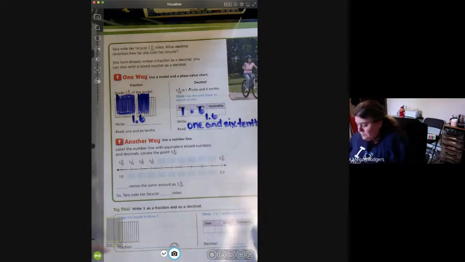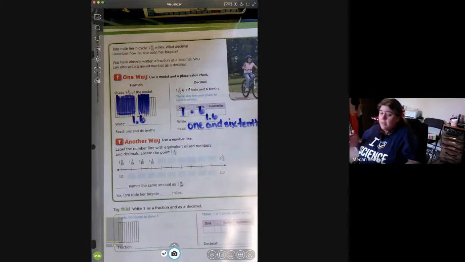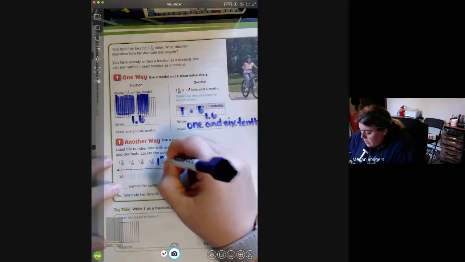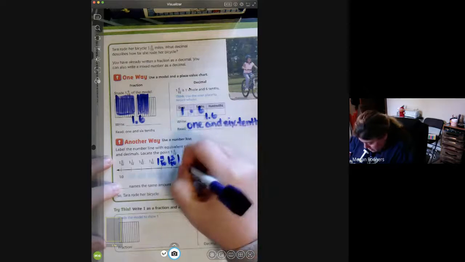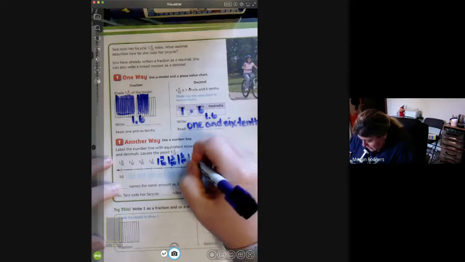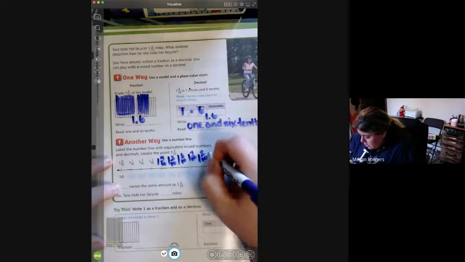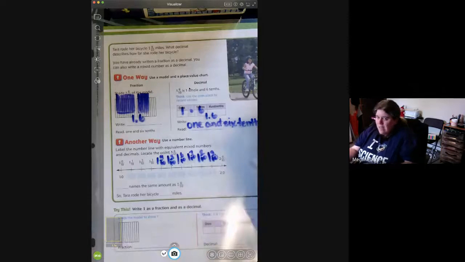All right, again, they want us to try a number line. This time they gave us less information, so we have to fill out even more. So let's start with our fraction. So this becomes 1 4/10, and my marker is not small enough, so I'll do the best I can. It's 1 7/10, 1 8/10, 1 9/10, and if I add one more tenth, I get 2 0/10, which is weird.